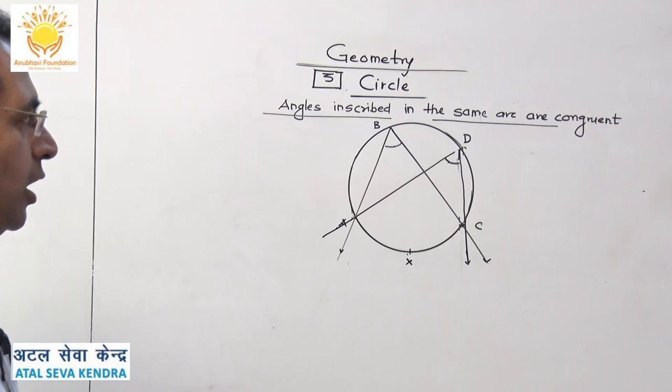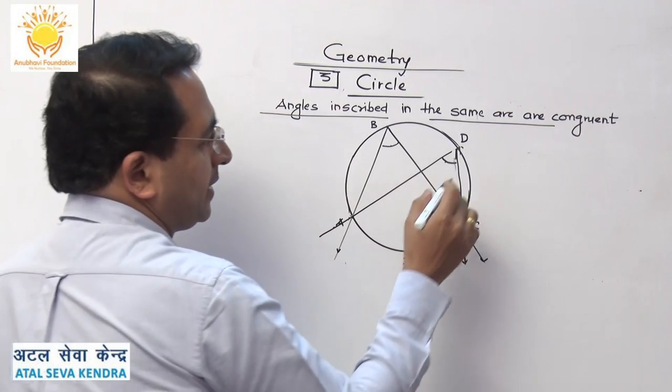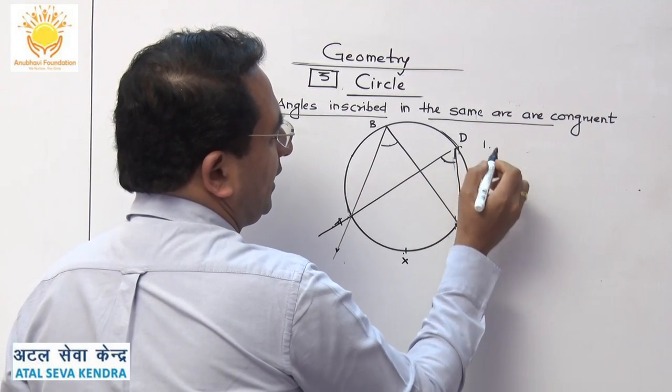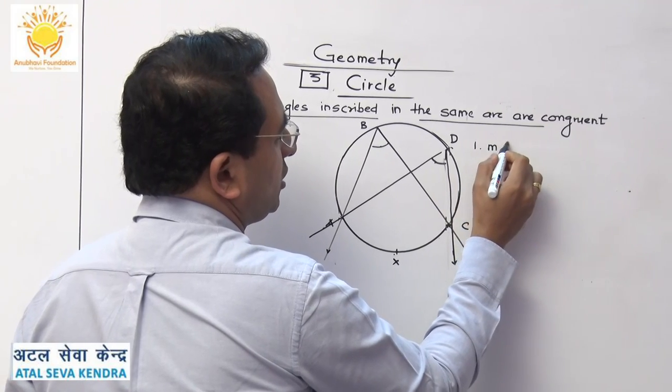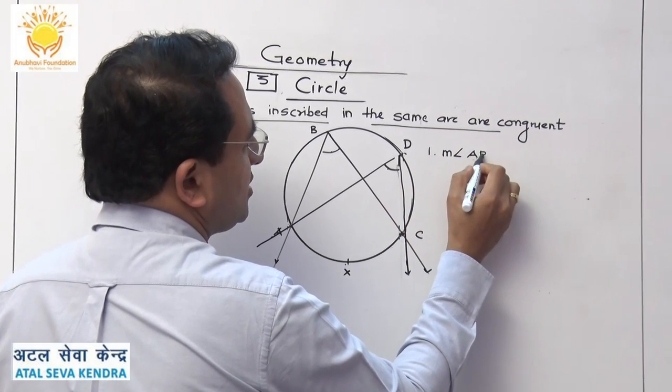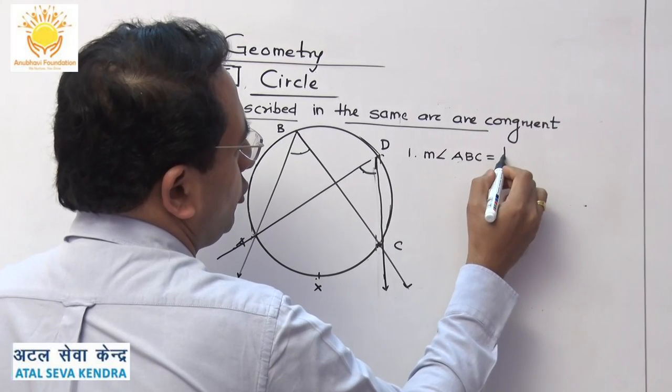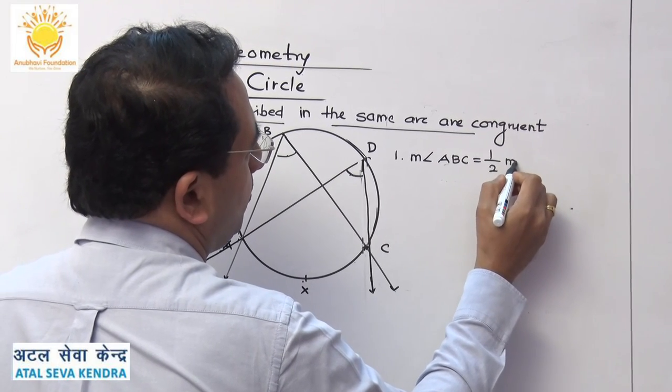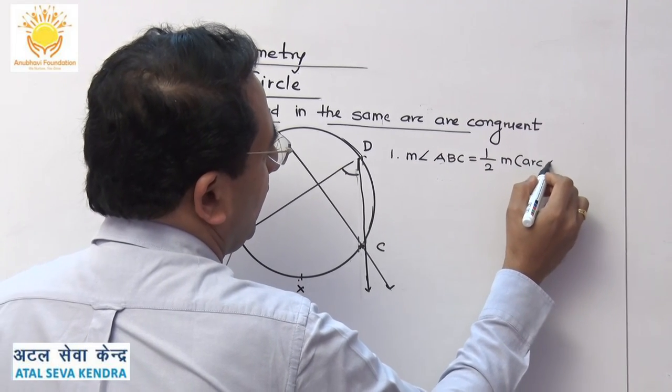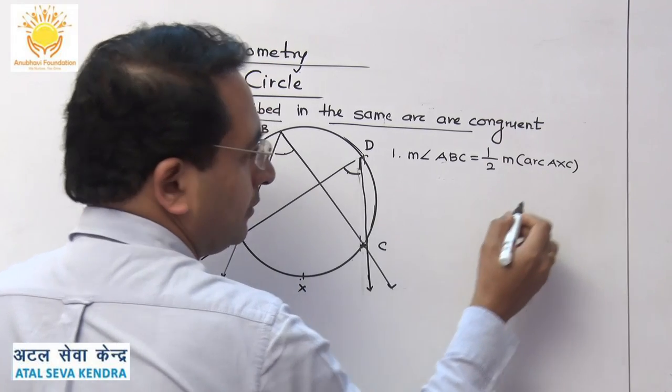Therefore, they are congruent. Now, how to write the proof? In the exam, you should write it like this. Measure of angle ABC is going to be half of measure of arc AXC. Correct?